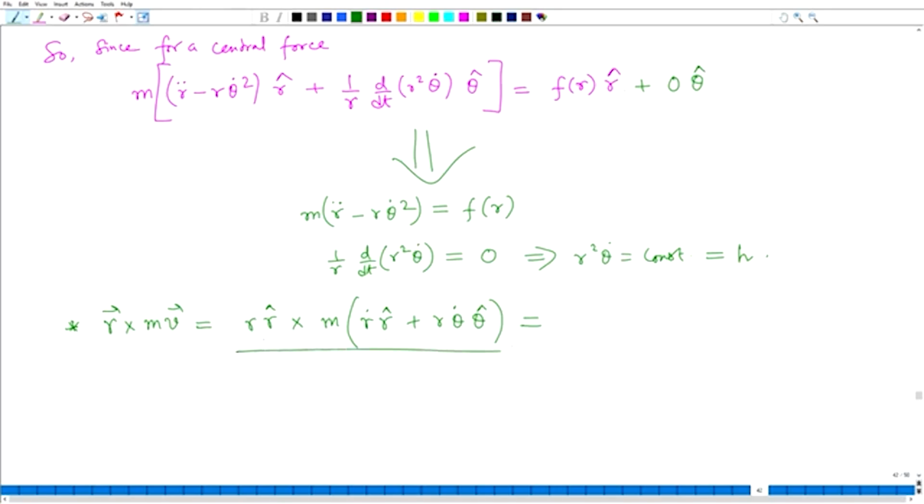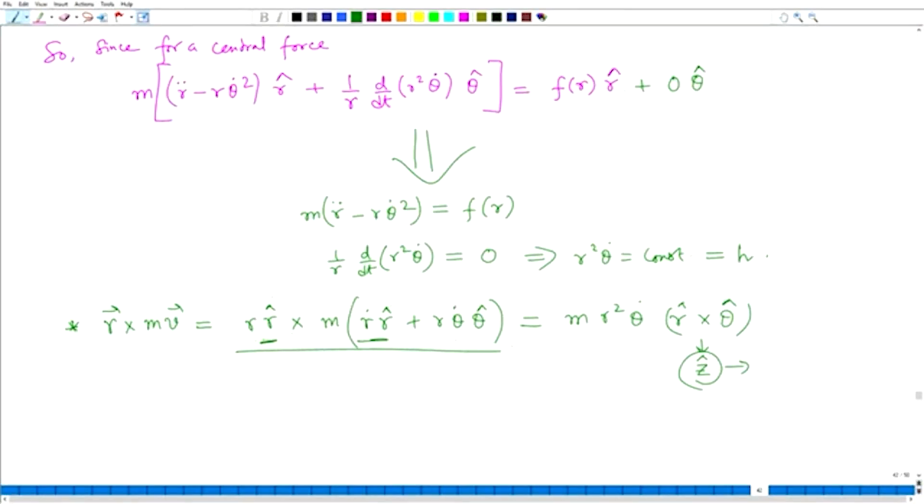So, what is the total expression? This one will vanish, this thing cross with this thing will vanish, because both of them are directed along r cap. These two will not vanish. So, you will have m r square theta dot and r cap cross theta cap. I can call that a unit vector which is perpendicular to the plane of motion, and that is z cap. And what is the unit vector perpendicular to the plane of motion under a central force? This is nothing but the unit vector along the angular momentum.